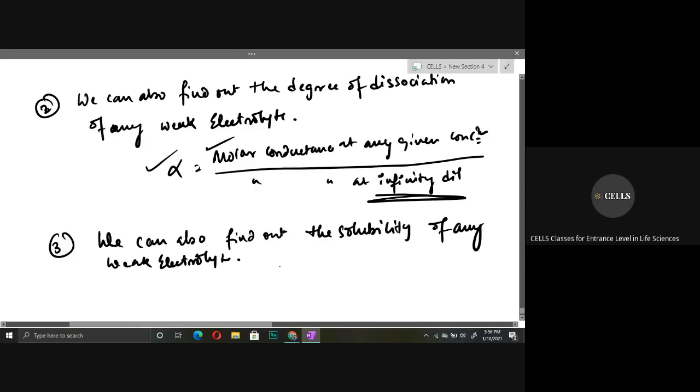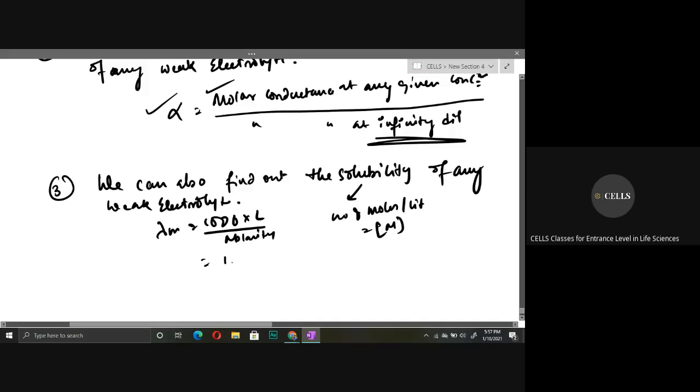We know that solubility is denoted in number of moles per liter, which is nothing but the molarity. If we know delta M, we know this formula for molarity. So we can also write this as equal to 1000 into specific conductance by solubility as well.